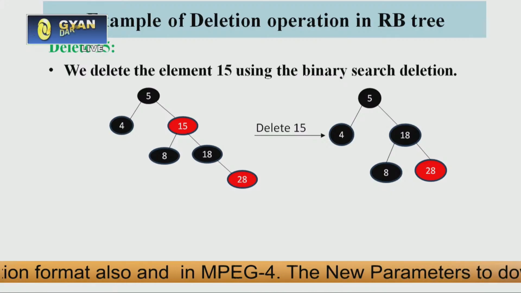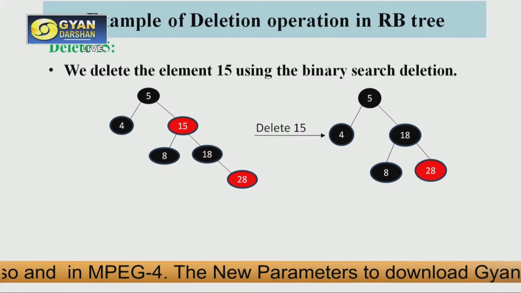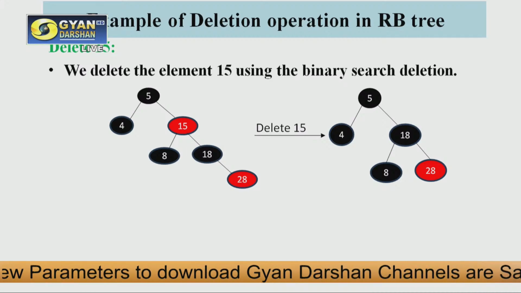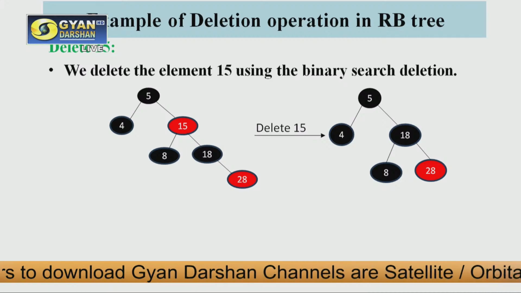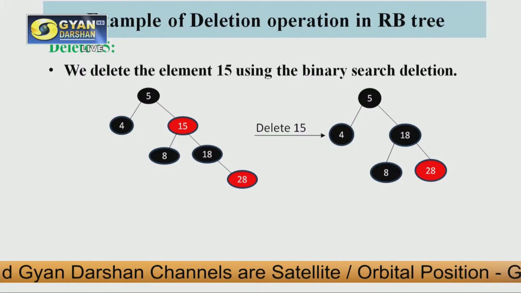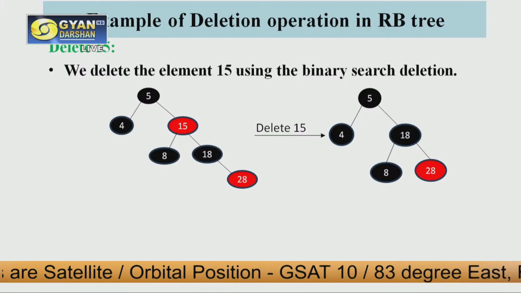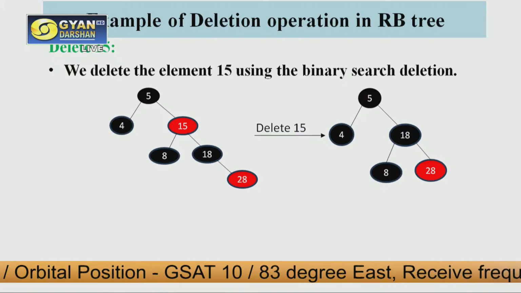The path from the root to 18 to 8 has 3 black nodes, and the path from 5 to 18 to 28 has 2 black nodes. So every path does not have the same number of black nodes.